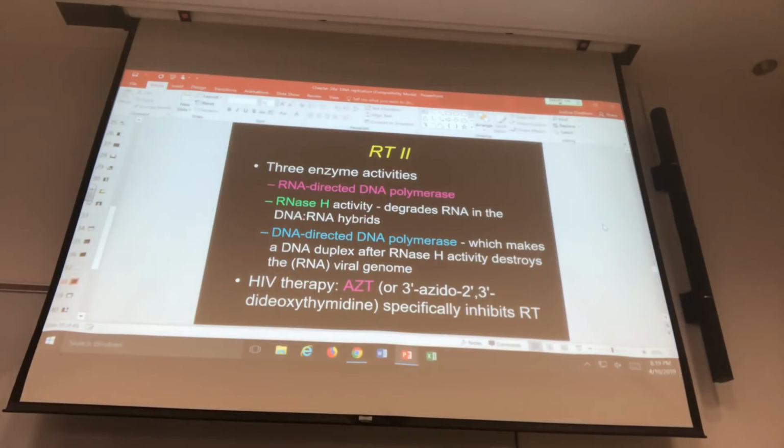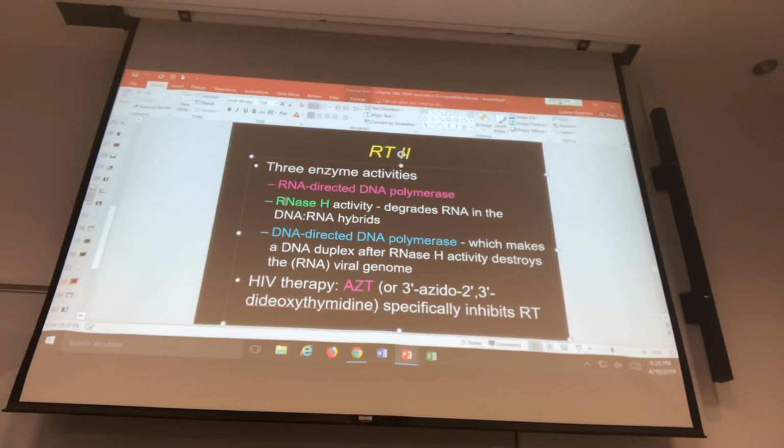Let's see. The way, again, reverse transcriptase works, it's 3 steps based off these 3 activities you see here. We talked about this first one a bunch, RNA-directed DNA polymerase. That means you take an RNA template and you make DNA out of it. RNase hydrolase activity, well, after you made your DNA from the RNA, you've created an RNA-DNA hybrid.